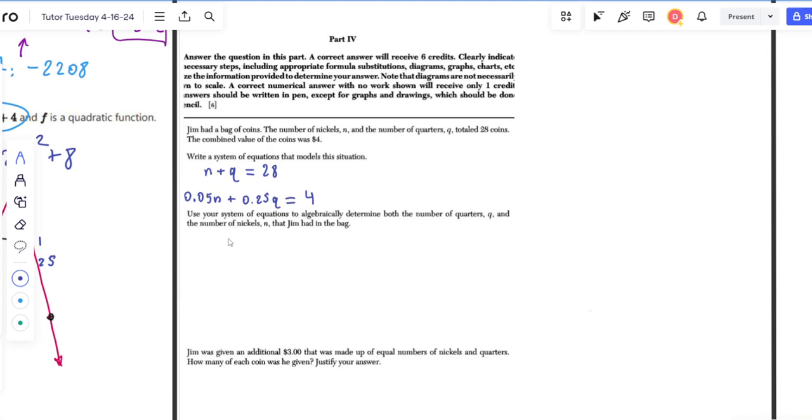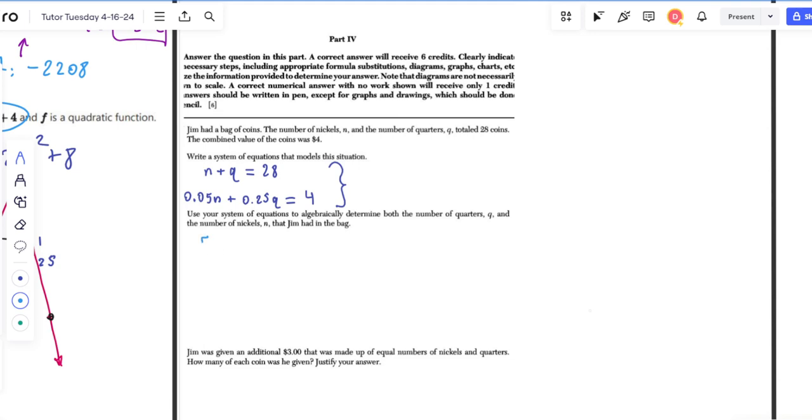So then it says use your system of equations to algebraically determine both the number of quarters and the number of nickels that Jim had in the bag. What I might do is start by multiplying that bottom equation by 100, and multiply the top one by 5, just for simplicity.